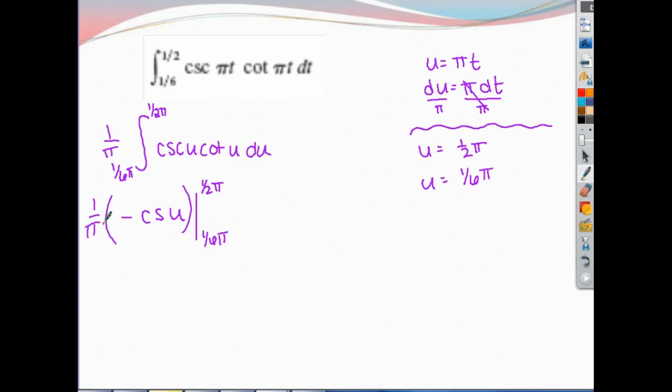Here's where you have to be kind of careful or mindful. So that 1/pi is out in front. You have negative cosecant of 1/2 pi. But that would be like minus a minus. So this is going to turn into a positive cosecant 1/6 pi. And then that 1/pi distributes to all of them.